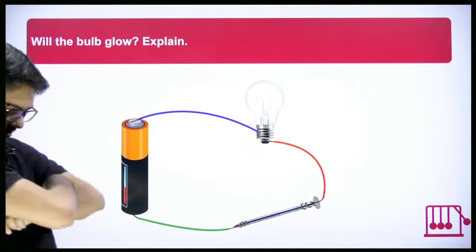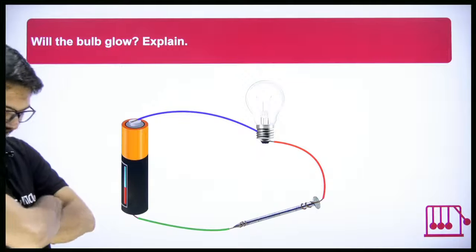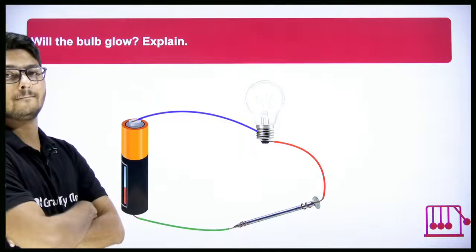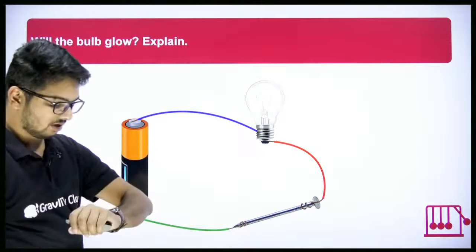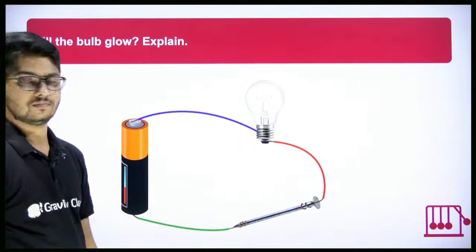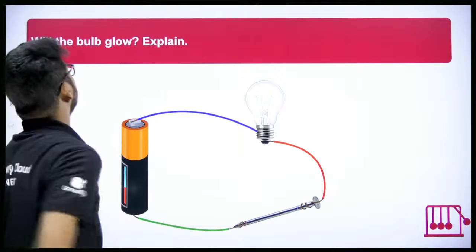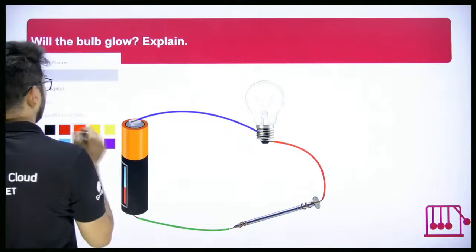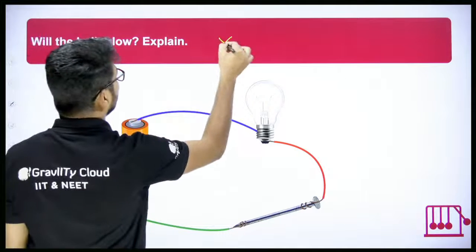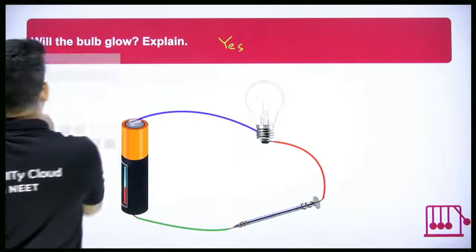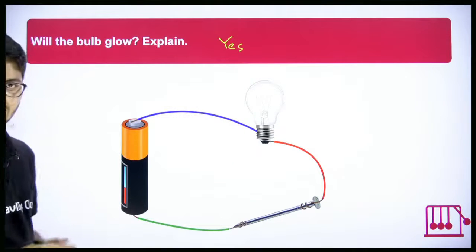Yeah, everyone. Well, again, I'll give you 10 seconds of time. Yes or no? The time is up and the answer is yes, it will glow. Why? Because we have to look at the connections.